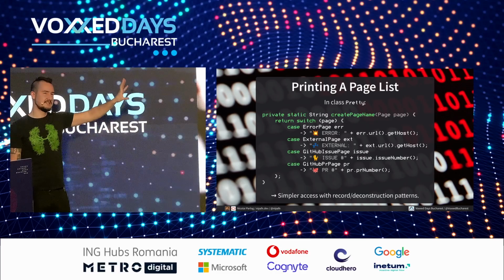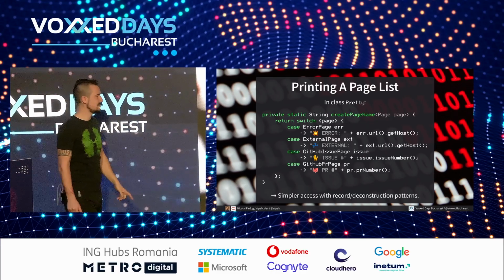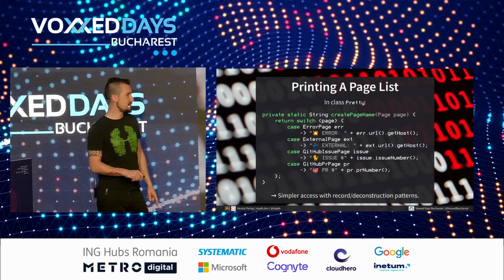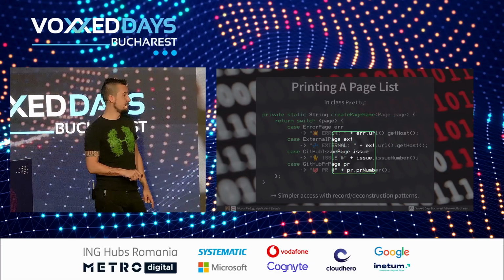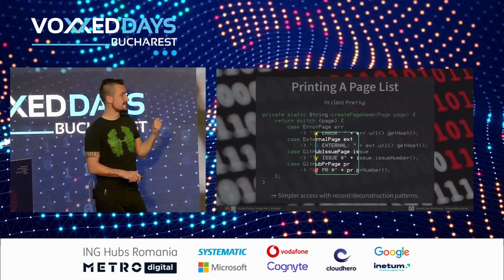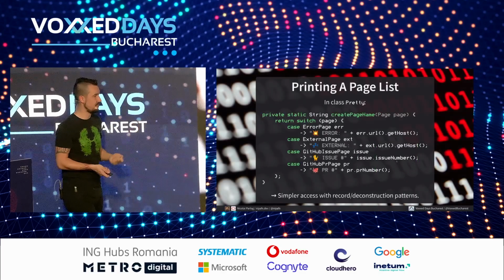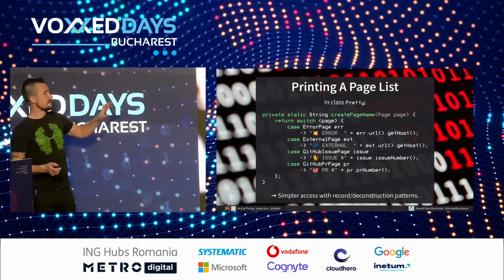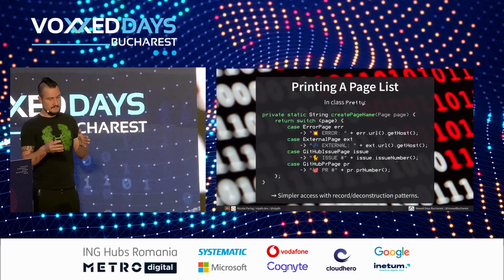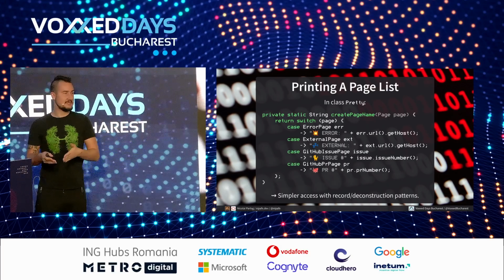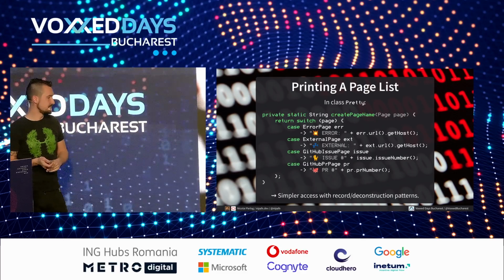So none of this is yet terribly impressive. The important part starts here, where I'm going to talk about issue and pull request number, because now it really becomes important that if it's a GitHub issue page, I can actually access the issue page API. Namely, I can ask for the issue number, and the same for the pull request number. So this switch allows us to differentiate by type, and then use the API of the specific types to create the results that we need.